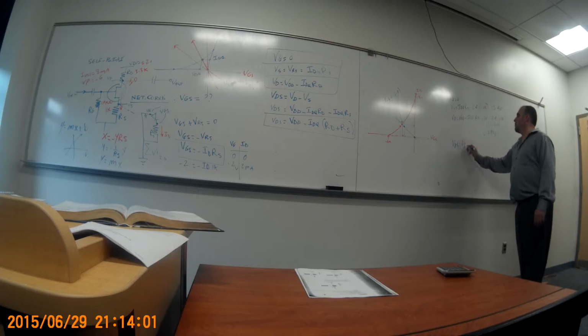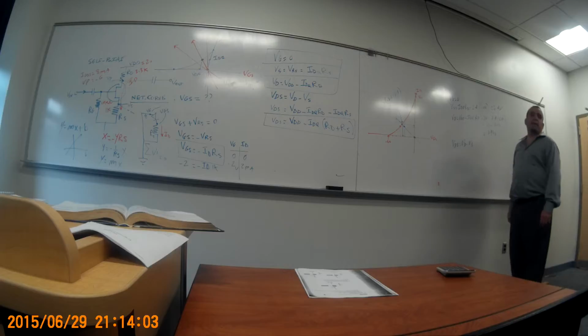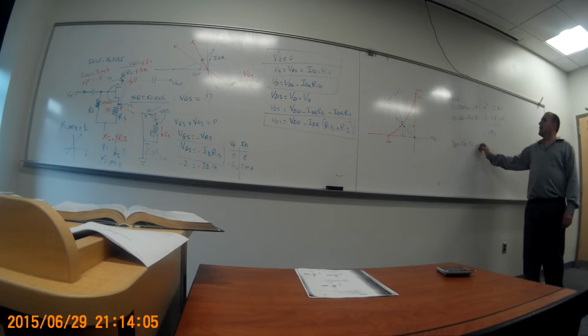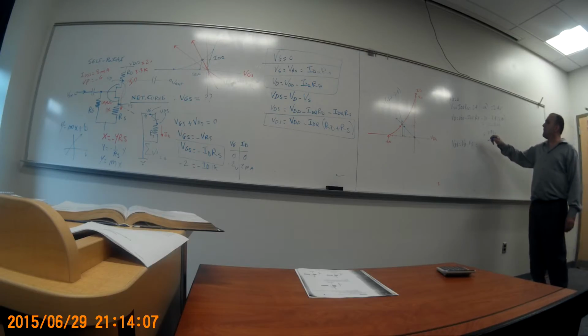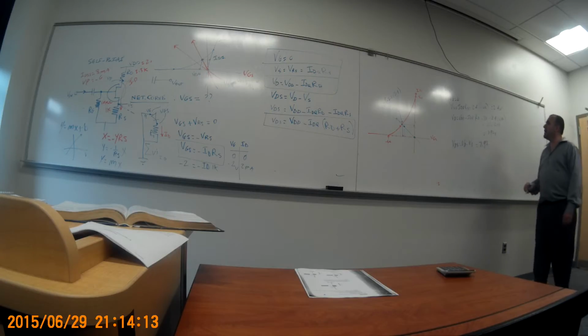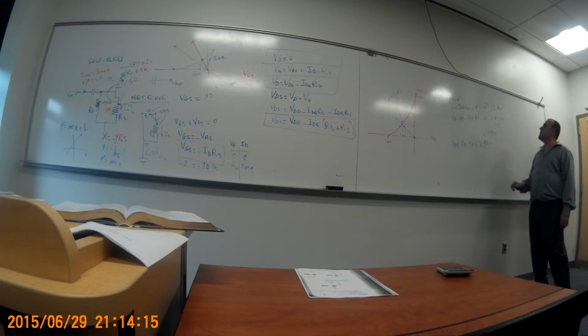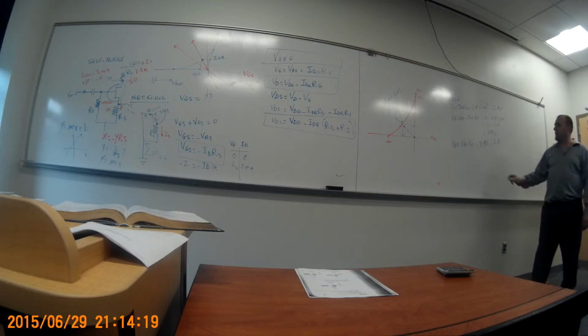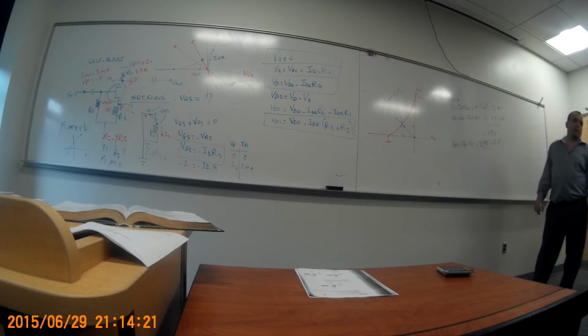VDS equal to VD minus VS. VD is 7.92 minus VS, which is 2.4, and that gives us how much?